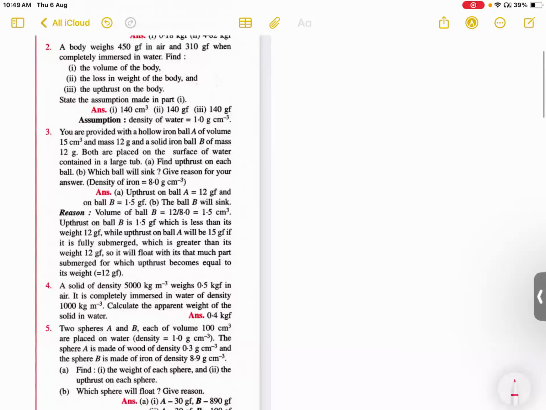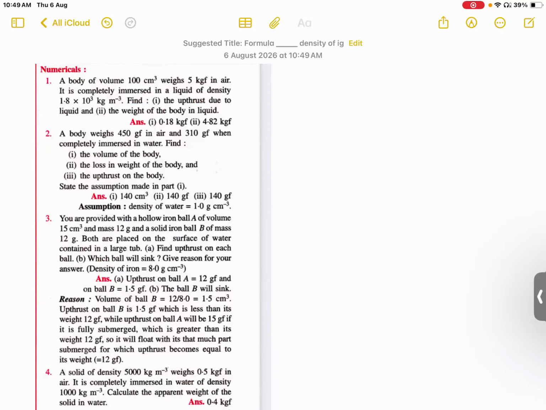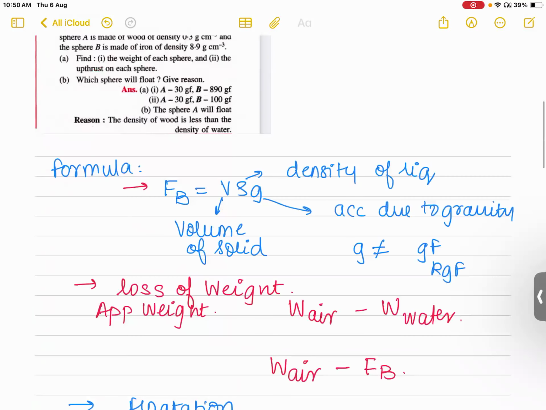The second question is a similar category of question. Let us first write what data they have given us. Students, they have given a body of weight 450 gf in air and 350 gf in water. So let us write it.